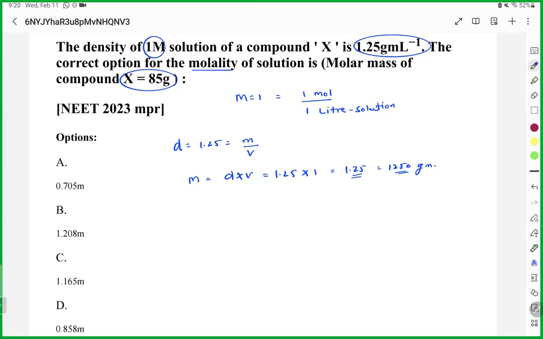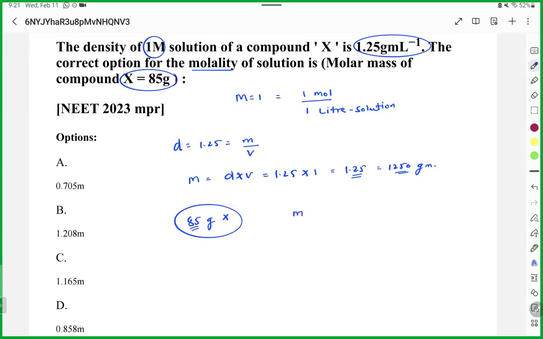What do you need to calculate? 1 mole of this will be 85 gram of X substance. This is the amount.